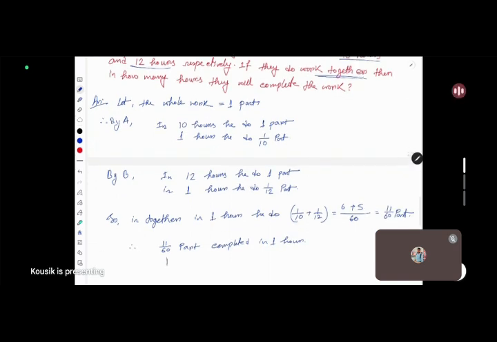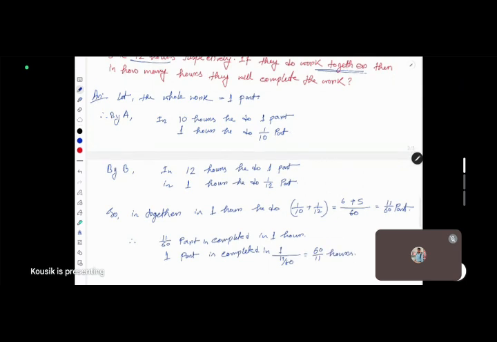So one part is completed in 1 divided by 11 by 60. That means it will be the reciprocal, 60 by 11 hours.